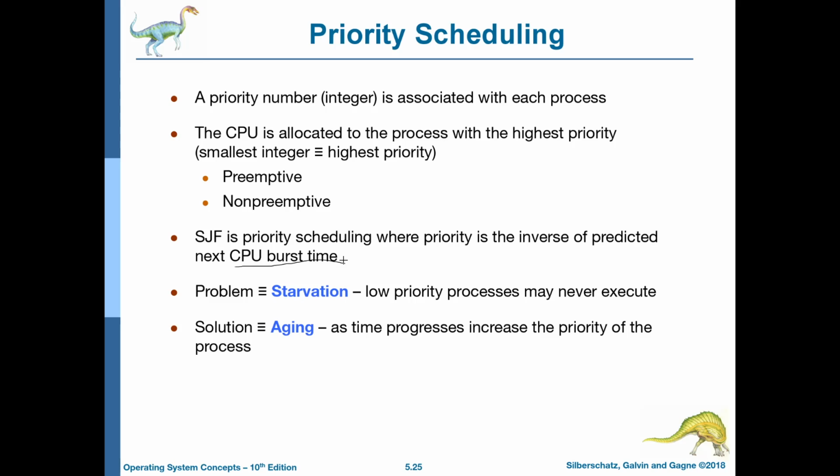Now, we've eliminated the convoy effect using this particular algorithm, but now we introduce a new problem, which is called starvation. I want you to consider the situation where we have one job with one long burst time, and then many jobs with short burst times.